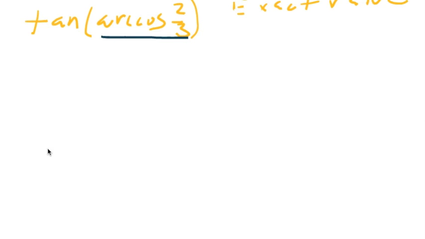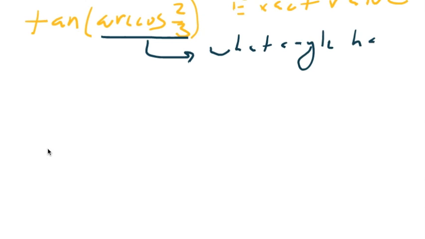Arc cosine of 2/3. Well, that's just asking the question, what angle has a cosine of 2/3. And since arc cosine only has a range from 0 to pi, then we can draw a picture of that.